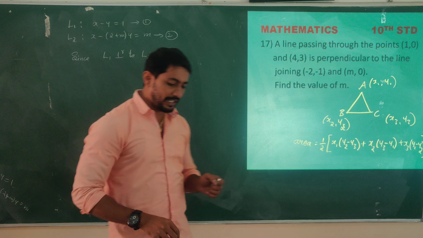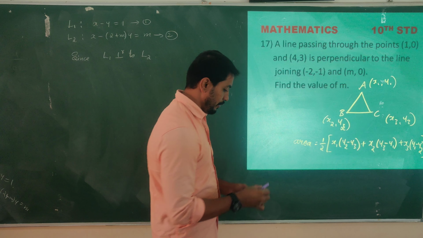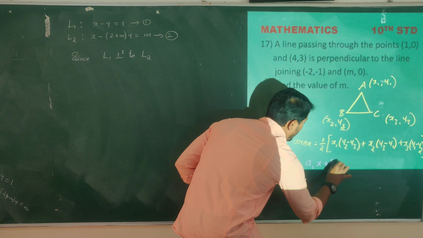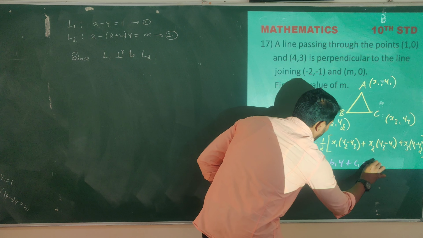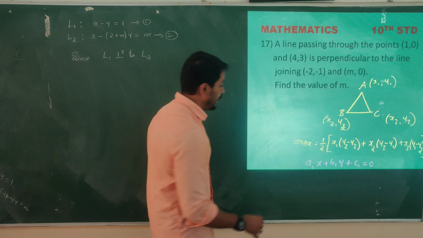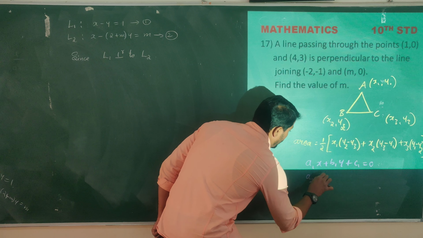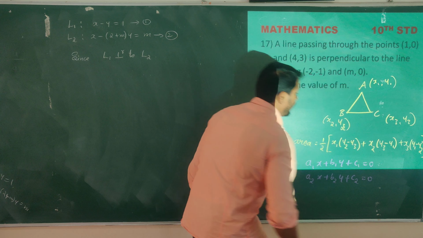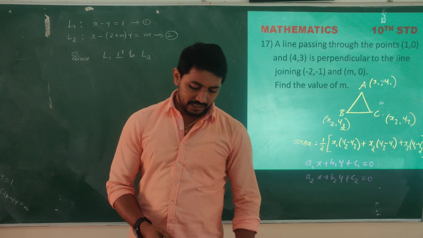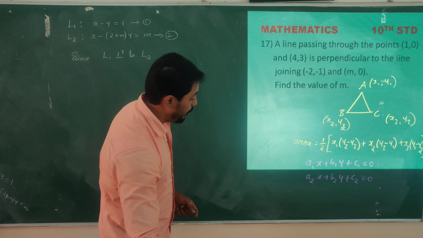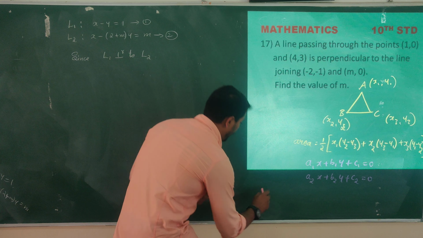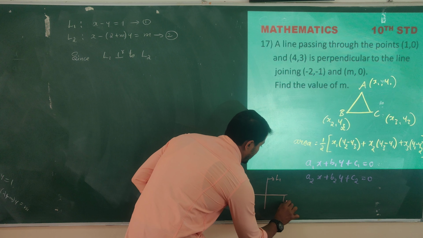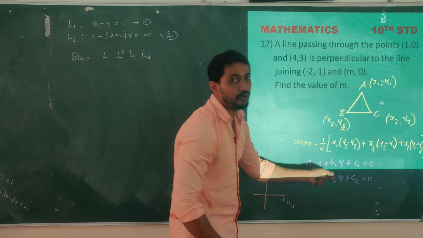Here we have one condition. If line equations are in the form a1x plus b1y plus c1 equal to 0, and the second line equation is in the form a2x plus b2y plus c2 equal to 0, then we come across one condition for which lines are perpendicular. Here the lines are L1 and L2, which represent these two equations.